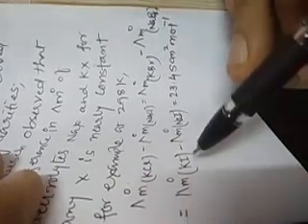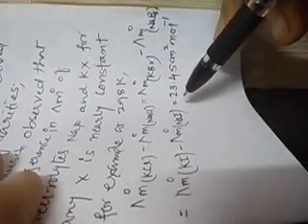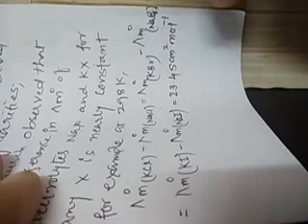For example, he observed at 298 Kelvin, lambda m0 of KCl minus lambda m0 of NaCl is equal to lambda m0 of KBr minus lambda m0 of NaBr is equal to lambda m0 of KI minus lambda m0 of NaI, and the value is 23.4 Siemens centimeter square per mole.